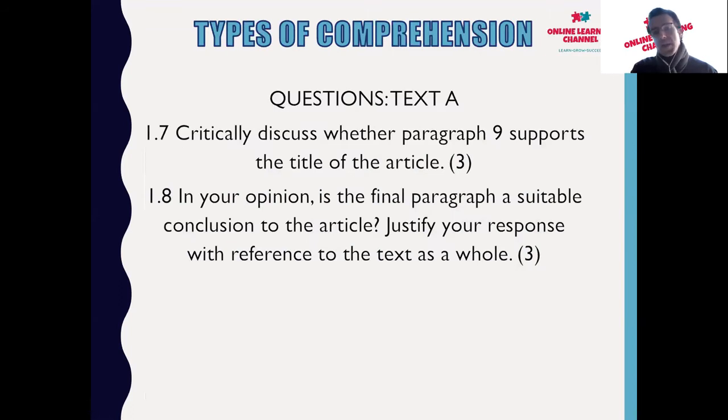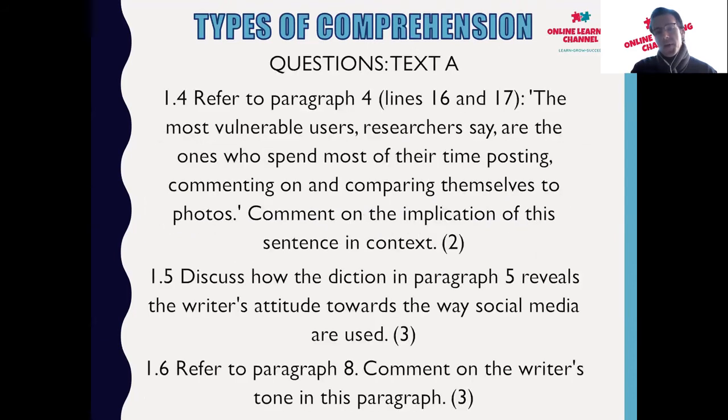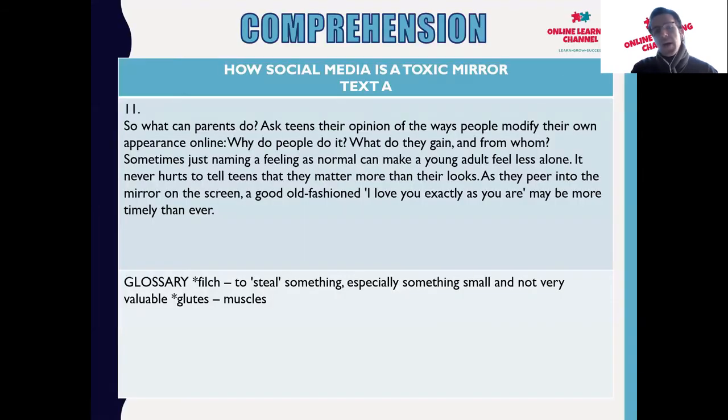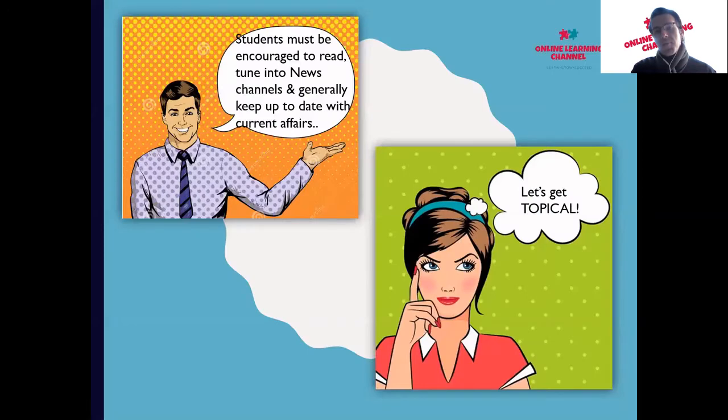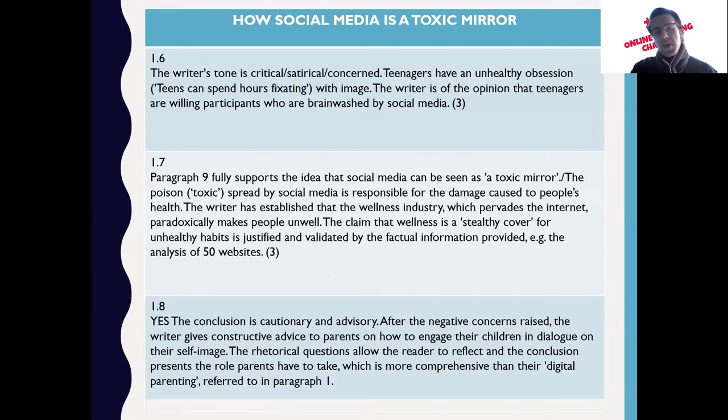Now, critically discuss whether paragraph 9 supports the actual title of the article. Remember the title of the article, How Social Media is a Toxic Mirror. In this sense, paragraph 9 fully supports the idea that social media can be seen as a toxic mirror. The poison, or toxic, spread by social media is responsible for the damage caused to people's health. The writer has established that the wellness industry, which pervades the internet, paradoxically makes people unwell.